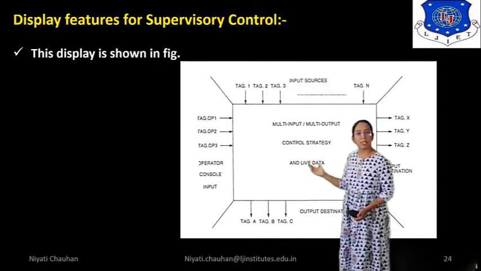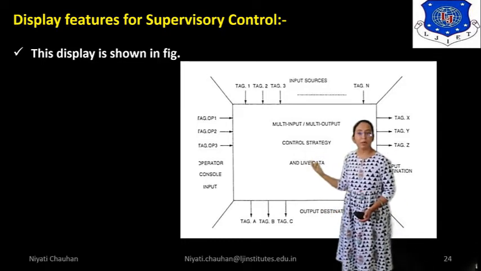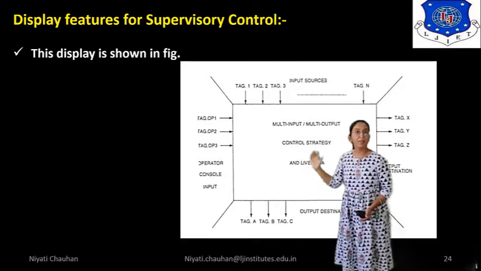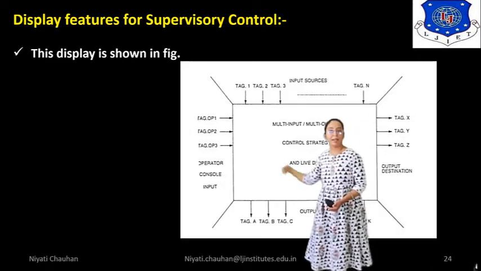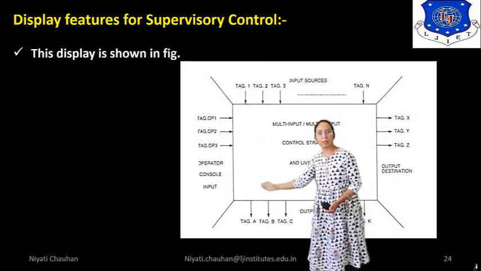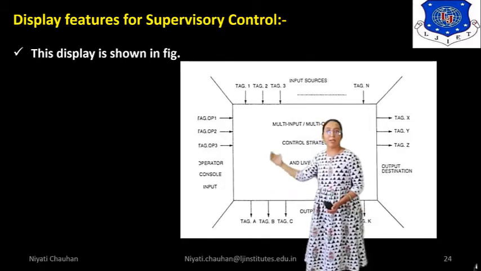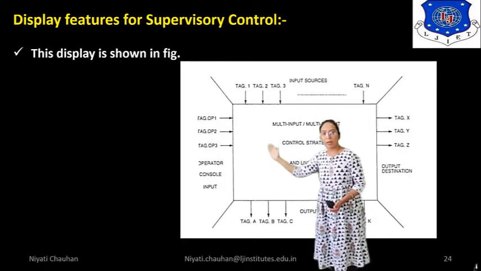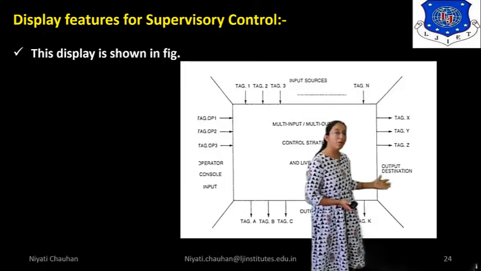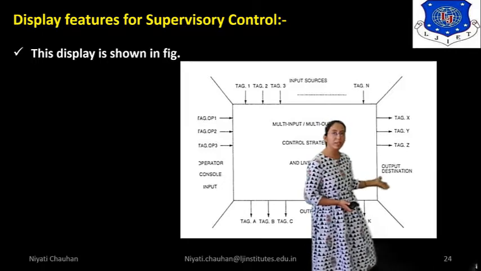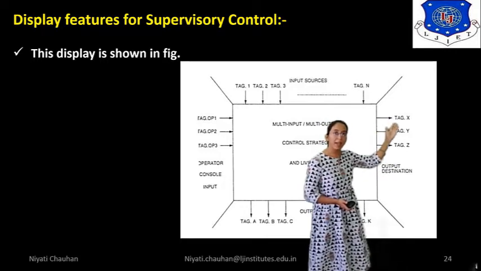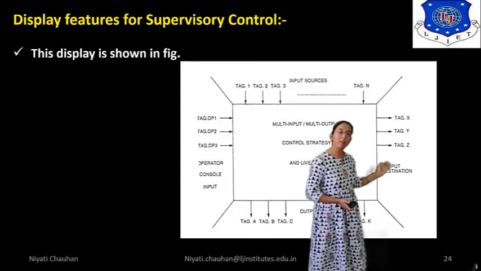Here we can see multiple inputs, outputs, control strategy and live data. And here you can see the operator's console, tag operator 1, 2 and 3. Here the output destinations are named tag X, tag Y and tag Z.